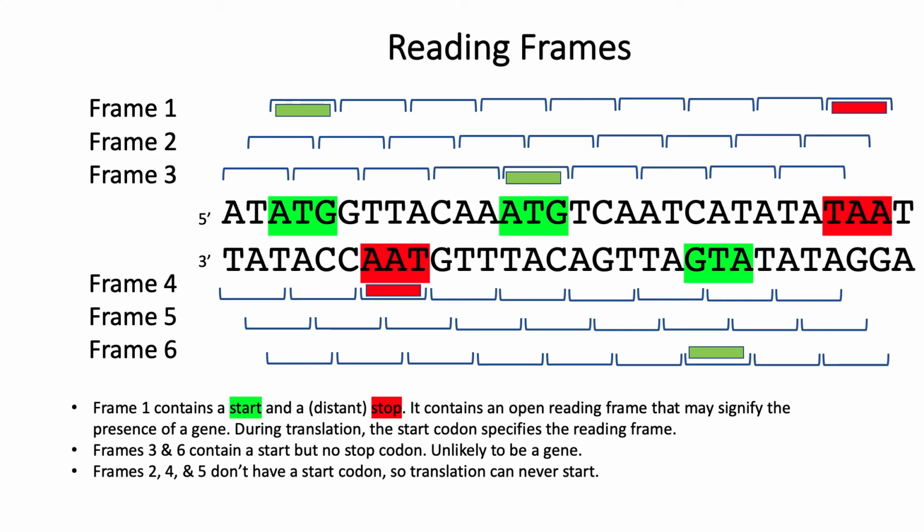Frame 2 would also not be an open reading frame because there's no start codon, and the same is true for frames 4 and 5. Frame 1, however, has both a start codon and, at a good distance, a stop codon. If this distance was great enough to accommodate a gene, it would be considered an open reading frame.